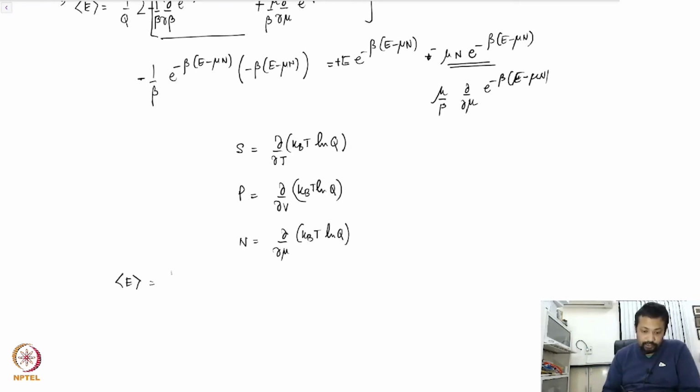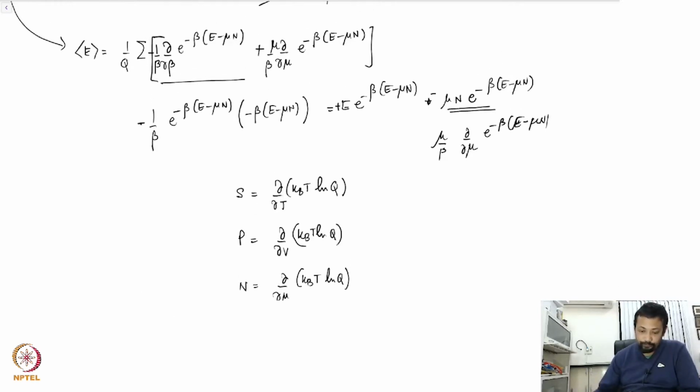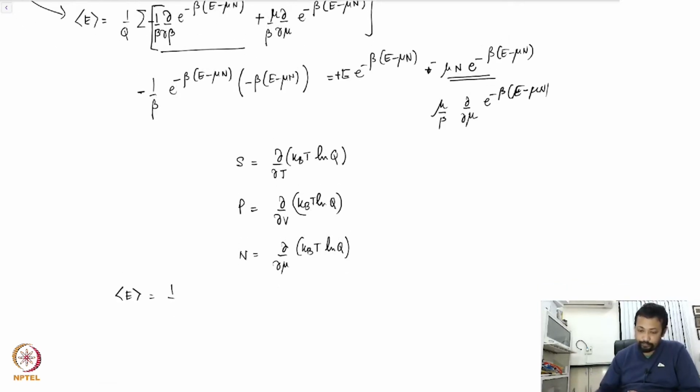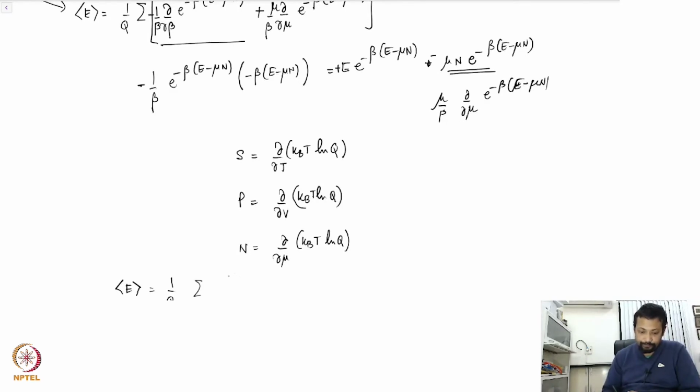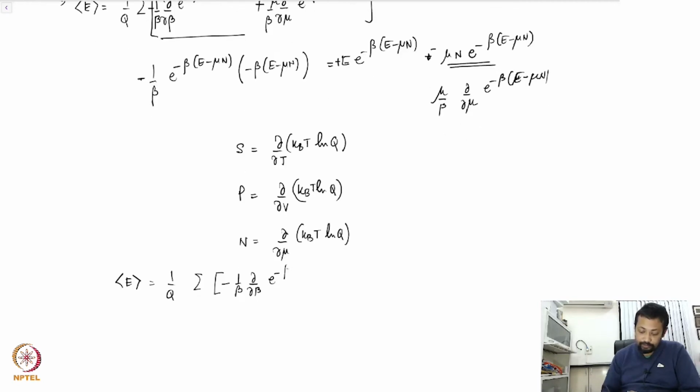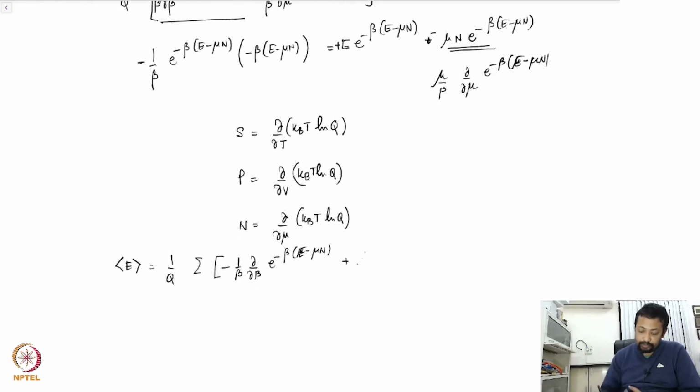So one can continue this relation. Average of E is 1 by Q sum of minus 1 over beta del del beta of e to the power minus beta (E minus mu N), plus mu over beta del del mu of e to the power minus beta (E minus mu N), right?